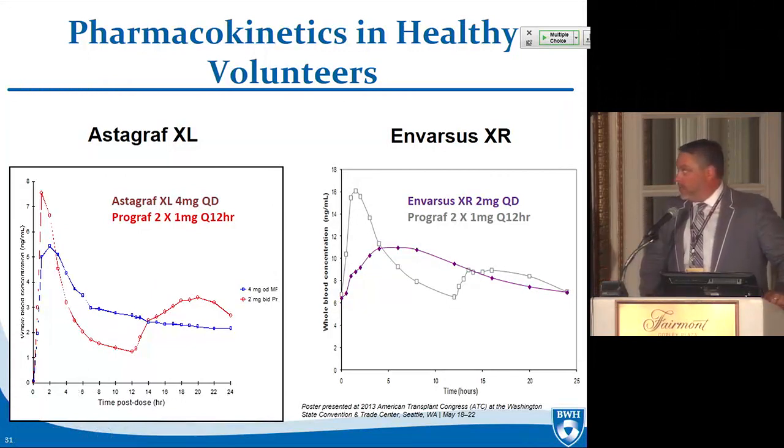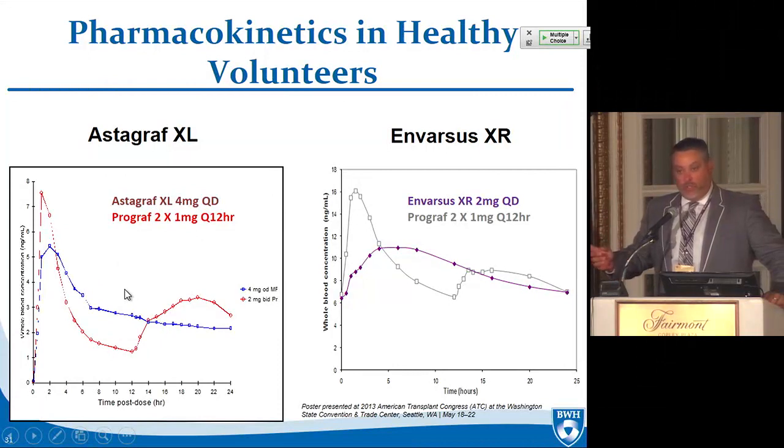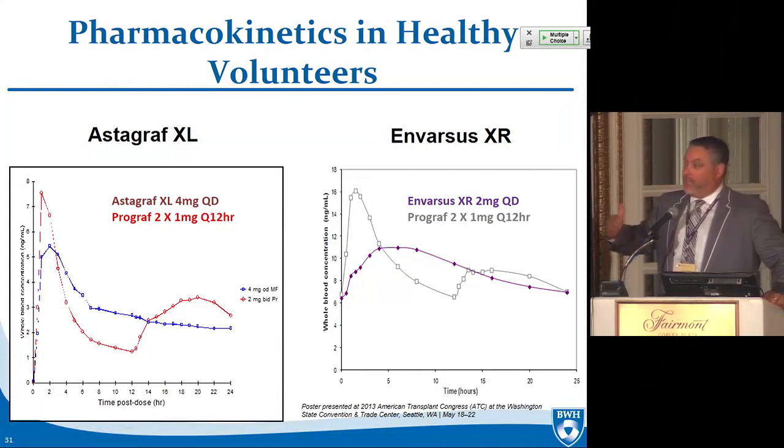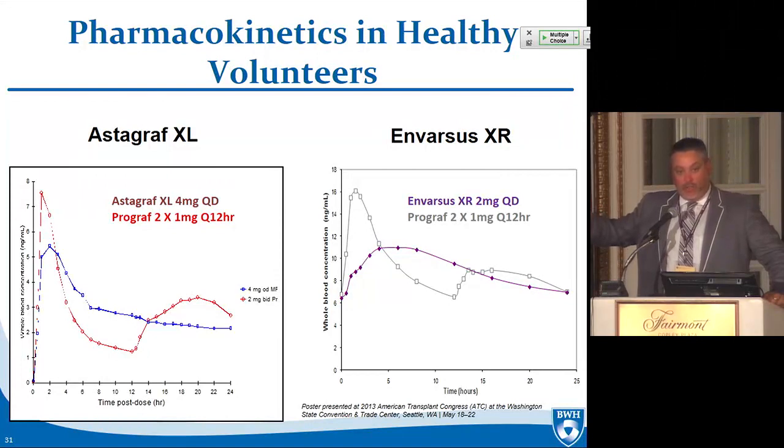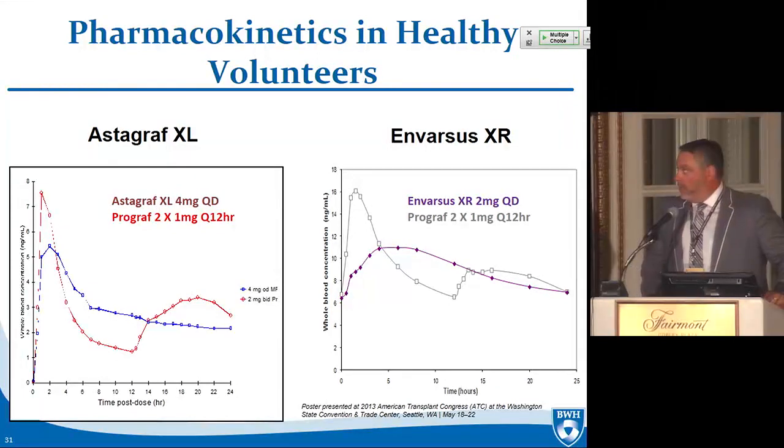So this is typical twice-daily TAC, and this is a once-daily Astagraf, and it's a 1-to-1 conversion. There is a lot of data showing that 25 to 30% of patients that are converted on a 1-to-1 milligram per milligram basis, 30% need an increase in their dose. But that's the label for Astagraf.